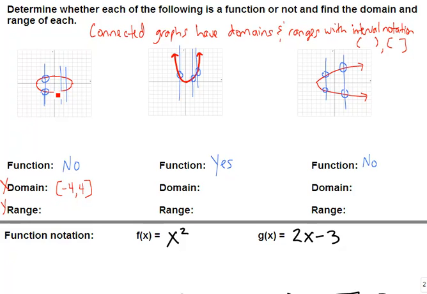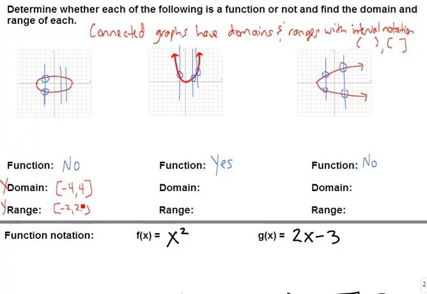The lowest point here has a y value of -2, and I go up to a y value of +2, and I hit all the y's in between, including all the decimals and fractions. So my range should be -2 up to +2. Using brackets again because I hit those points. And remember, when you use interval notation, it's always the smaller number on the left and the larger number on the right.